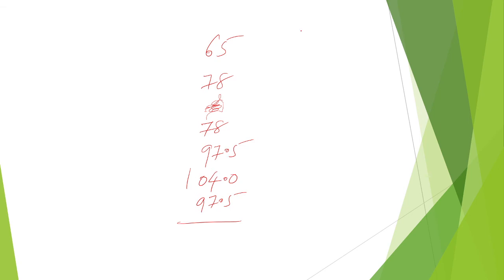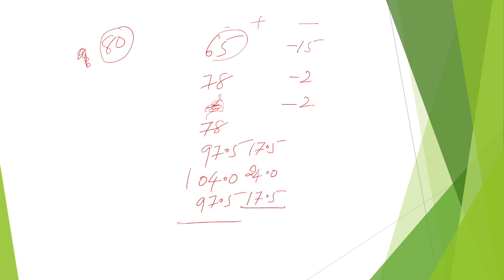Suppose we will take 80 as an average, plus minus. 65 is how much less than 80? 15 less. 78 is 2 less. 97.5 is 17.5 more. 104 is 24 more. 97.5 is also 17.5 more.